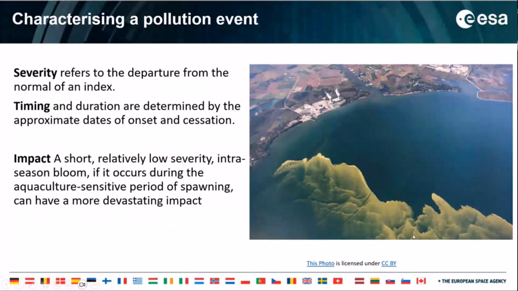It shows you eutrophication, an algae bloom, I think in Lake Erie, between a state and Canada. So if I have a chlorophyll index, I could use it to refer to the severity of this event, which is the departure from normal condition. I could use it to look at the timing, and also I could use it to look at the impact.